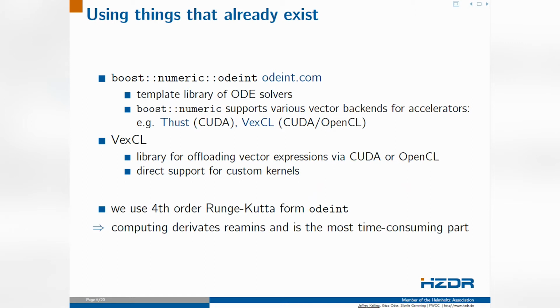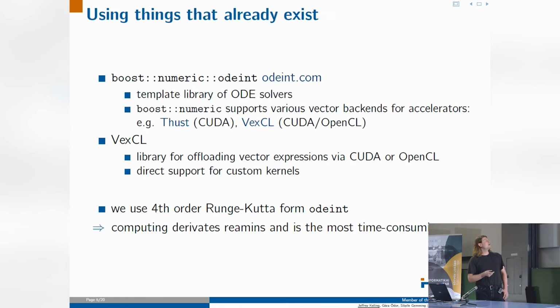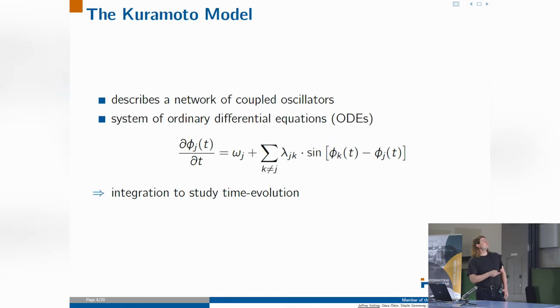Gesa already said this thing about the fourth order Runge-Kutta. The thing that we need to do, and that is the time-consuming part of the whole thing, is actually computing the derivatives in our equation. What the Runge-Kutta is basically doing is summing up these derivatives over time and multiplying them by the time step in a smart way.